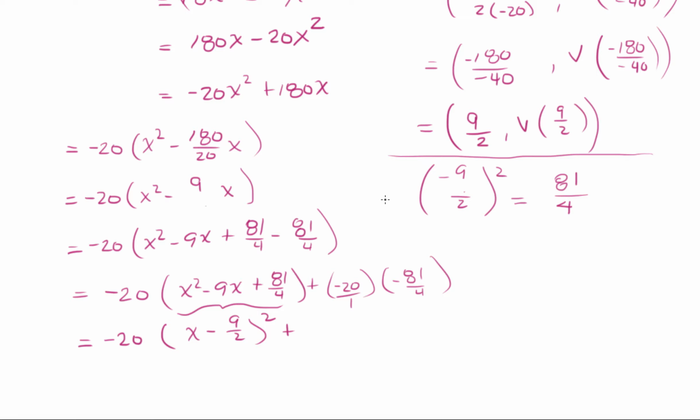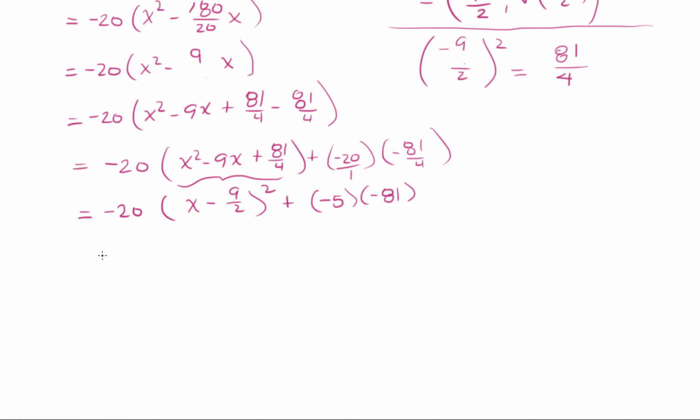Now that can be a big number, so I'm going to divide negative 20 by 4. That gives you negative 5 times negative 81. So you're left with negative 20 times x minus 9 over 2 squared plus 5 times 81, which is 405.